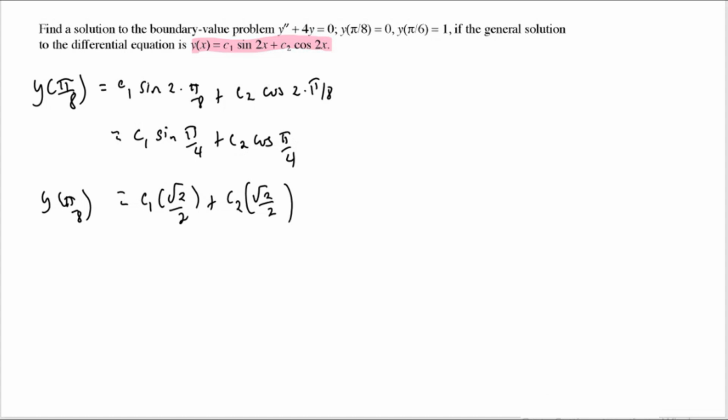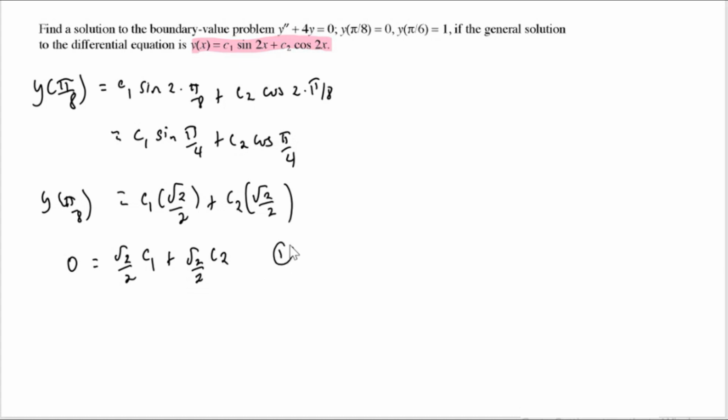We need to satisfy the condition that y of pi over 8 is equal to 0. So we have 0 is equal to square root of 2 over 2 of c sub 1 plus square root of 2 over 2 of c sub 2. So this can now be our equation number 1.